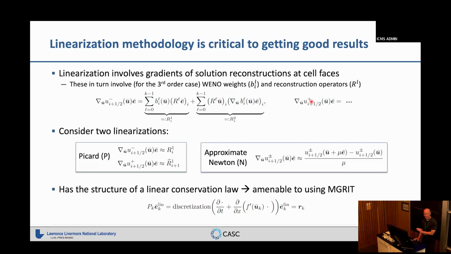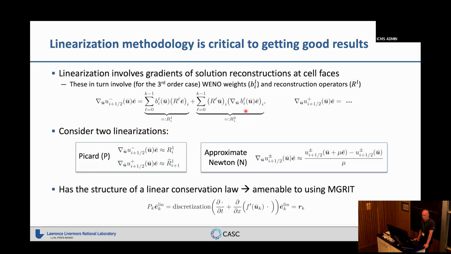And if you take the gradient of this, this is what you get. The first term is exactly what you get with the WENO scheme. It has these WENO weights in it, and it's a very complicated method. And then you get this other term here, which involves the gradients of the WENO weights. And this can be expensive to compute.